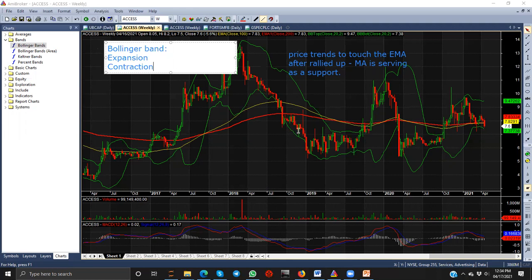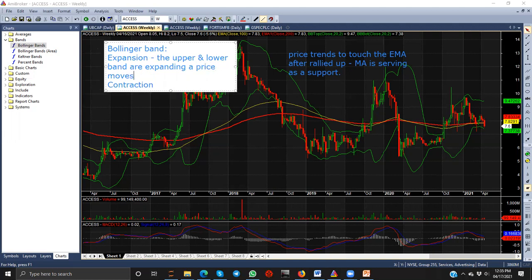That is when the upper band and lower band are expanding as price trends or as price moves. You can see on this chart that the main price was trending down. What was happening to this green line? It was expanding down, going straight down.